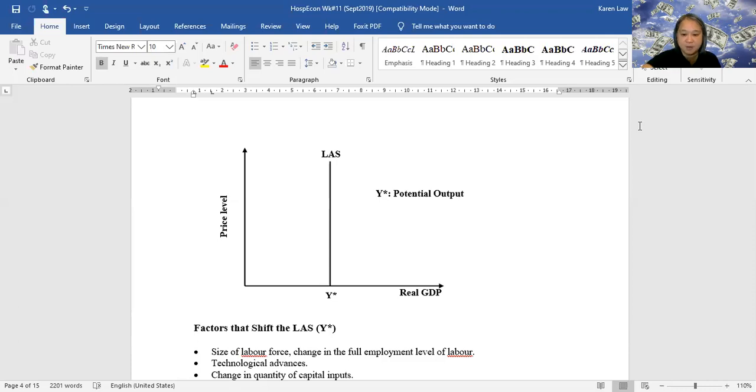Well, it can expand through an increase in any of our factors of production. An increase in land, an increase in labor, an increase in capital will shift our long run supply curve to the right. And that actually is equated to economic growth. When an economy is able to increase its potential output, it pretty much means that our GDP is growing.